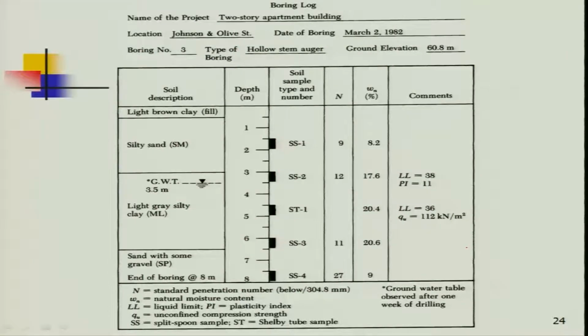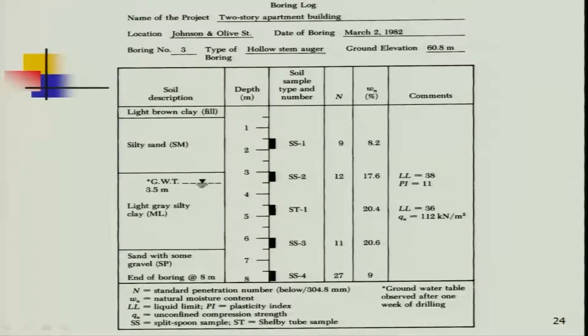Now look here, this is boring data, the bore log, or what we generally call the boring log. How is it laid out? Name of the project: 2-story apartment building, location, date of boring March 2, 1982, boring number 3, which means there were earlier borings 1 and 2.